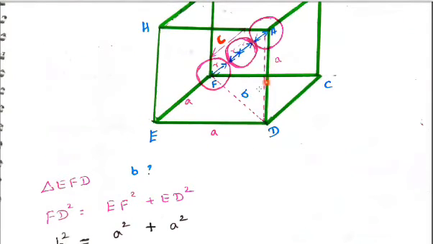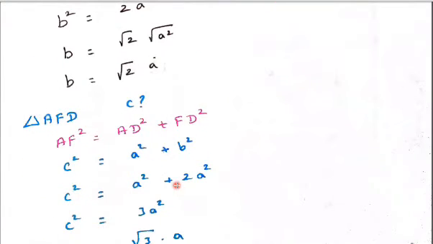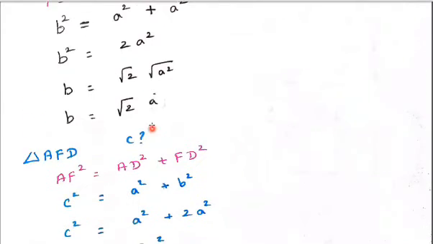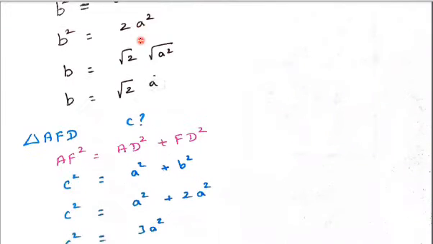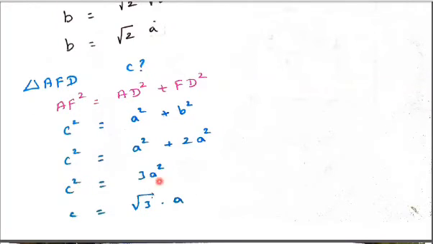The b square value we already got as 2a square, so substitute that b square value here. C square equal to 2a square plus 1a square, 3a square. Remove the square, take the square root: root 3a square gives root 3 into a. So c equal to root 3a.